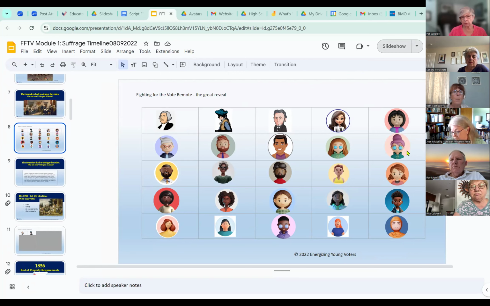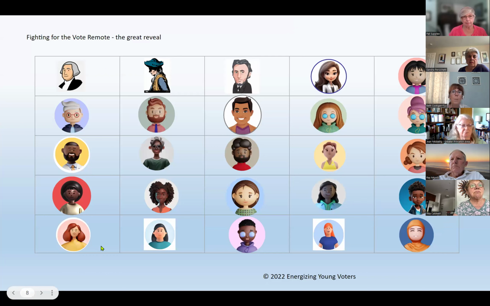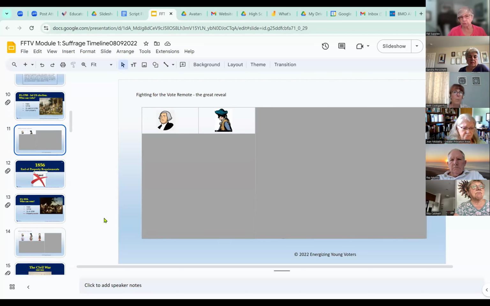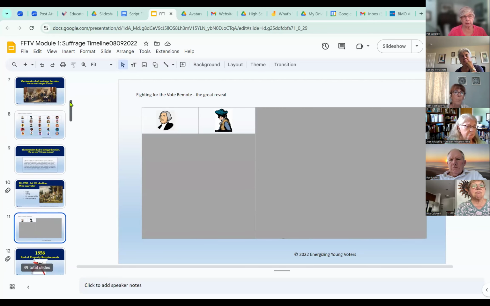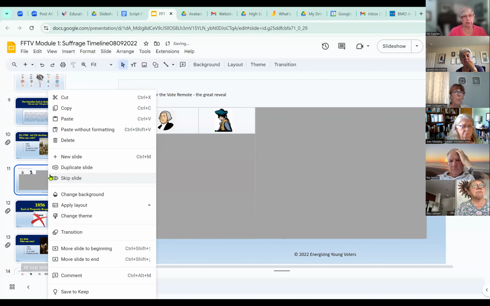And I'm going to show you this. Oh, wrong way. It's going to be the next one. This one would show you how many were eligible to vote out of that class in the beginning. So I'm going to hide those just by doing the skip slide.